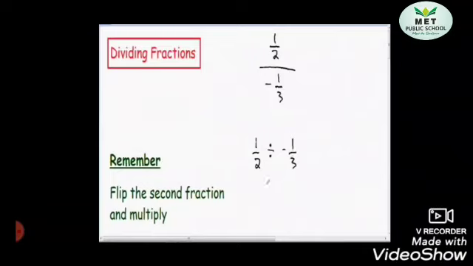As you all know, the first step is changing the division symbol to a multiplication symbol and flipping the second fraction. So it will be 1 by 2 into minus 3 by 1, because whenever you have a negative symbol it always goes to the numerator. So 1 into minus 3 is minus 3 and 2 into 1 is 2.